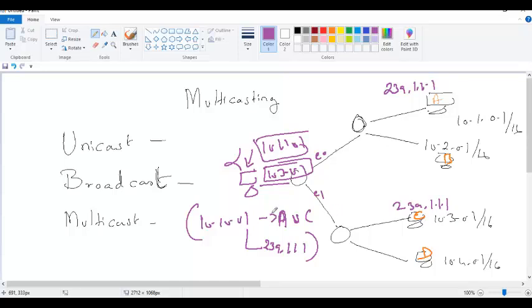Now the router only duplicates it 2 times and sends it to this router beta, and beta will forward the packet here and gamma will forward the packet here.